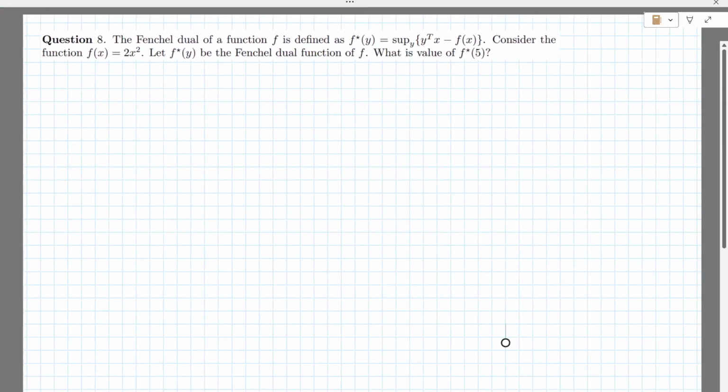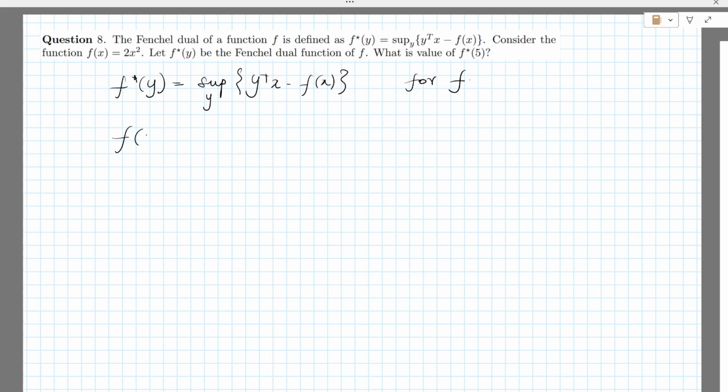The Fenchel dual of a function f is defined as f star of y. Okay, this is the Fenchel dual for f.